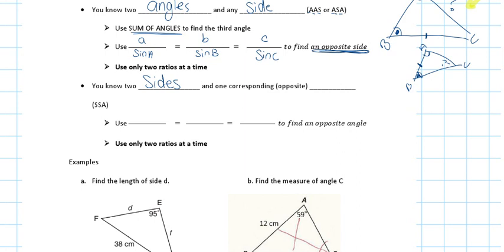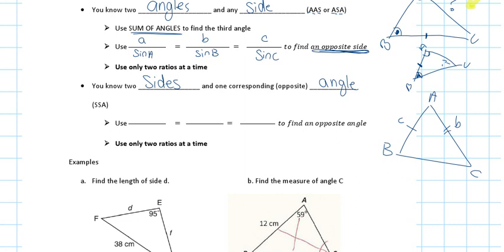Okay? So, two sides and one opposite angle. So let's say I give you this side and I give you this side. Okay, I give you these two sides.